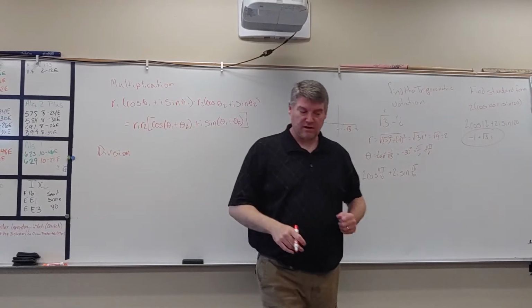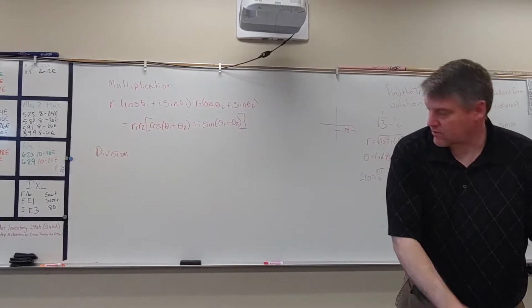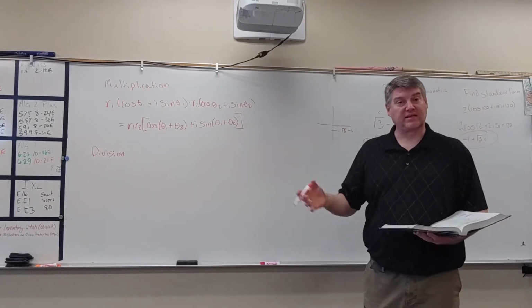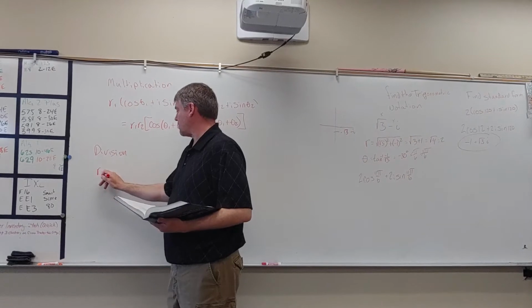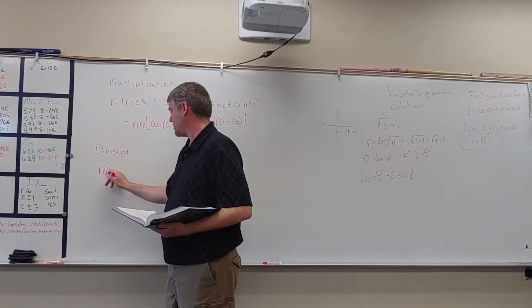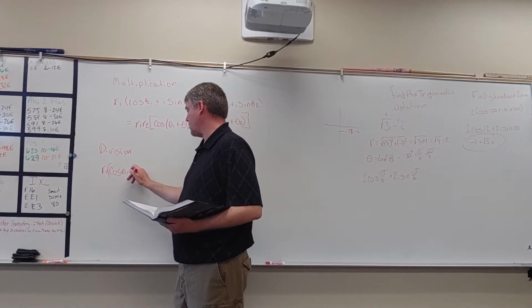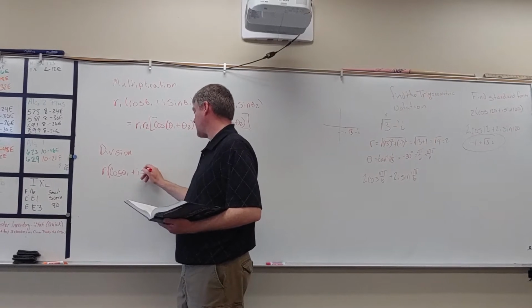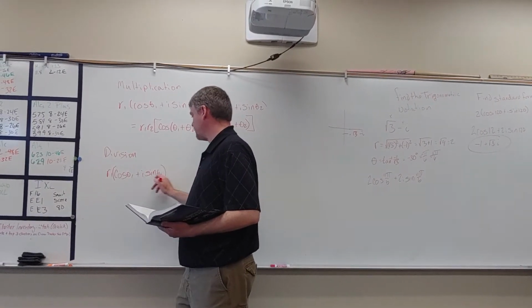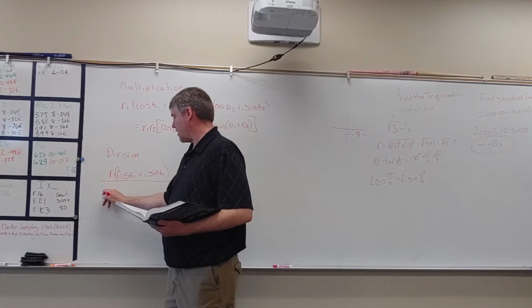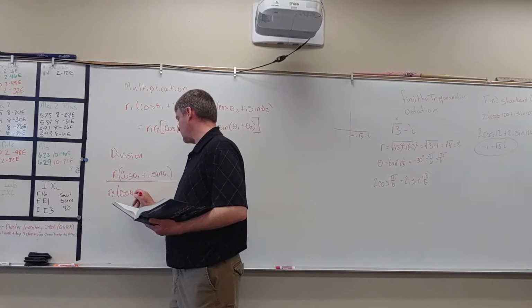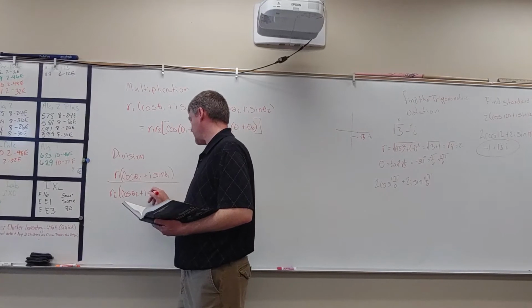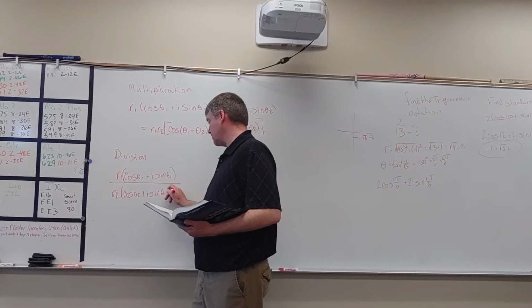On division, we're going to have another nice formula, and then we'll look at a couple of examples of each. So let's say I have R1 cosine theta 1 plus I sine of theta 1 over R2 cosine of theta 2 plus I sine of theta 2.